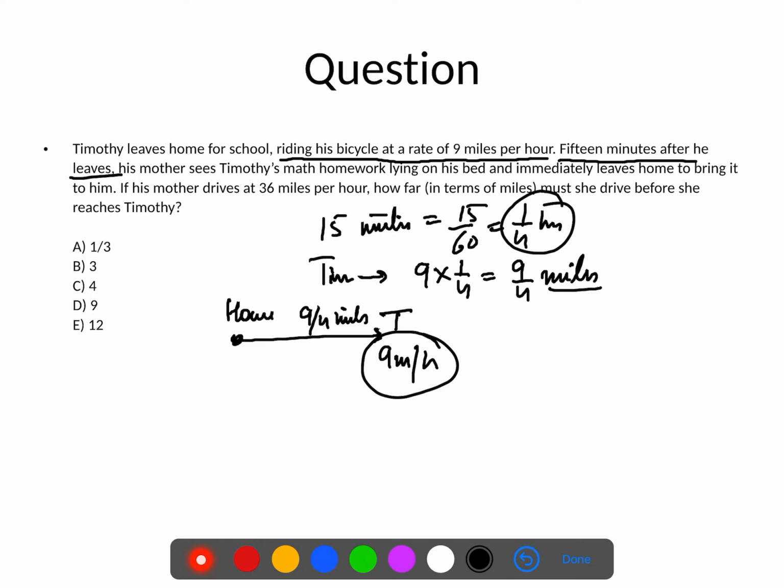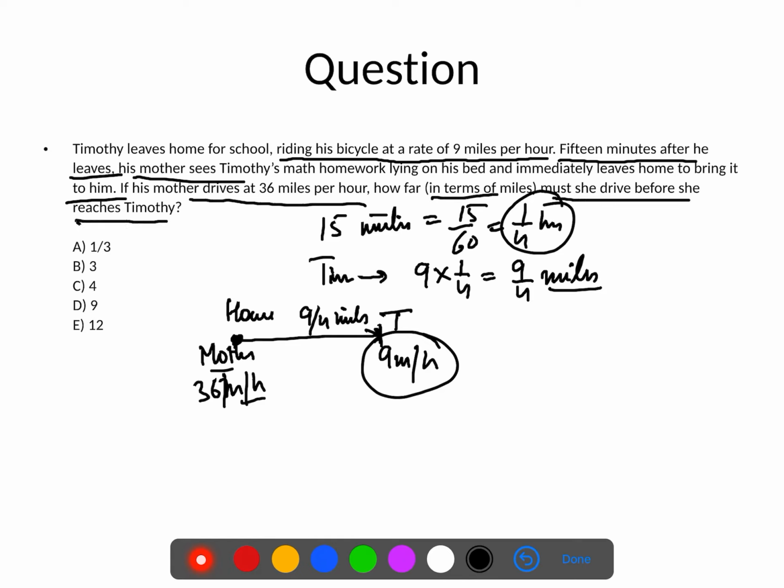Now, when he reaches this point, after 15 minutes, his mother starts from the home. So this is the mother at the home. Now the question is, if the mother drives at 36 miles per hour, how far in terms of miles must she drive before she reaches Timothy?